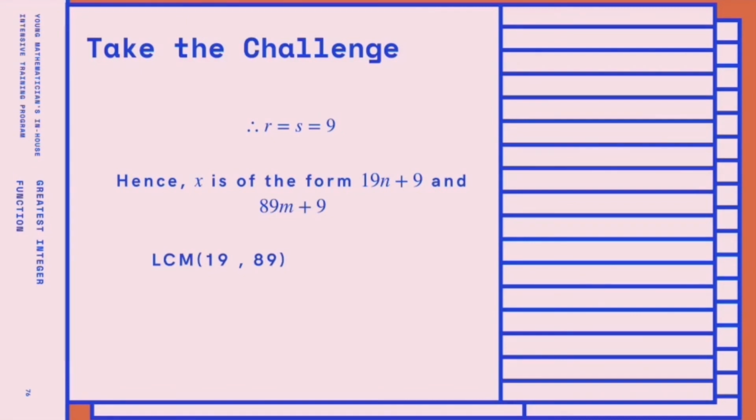Since 19 and 89 are relatively prime, meaning they don't have common factors, their LCM is just equal to their product. So 19 times 89, which is equal to 1691. This means that the smallest value of x minus 9 is 1691. So therefore, the smallest positive value of x is 1691 plus 9, which is equal to 1700. And that is our answer.